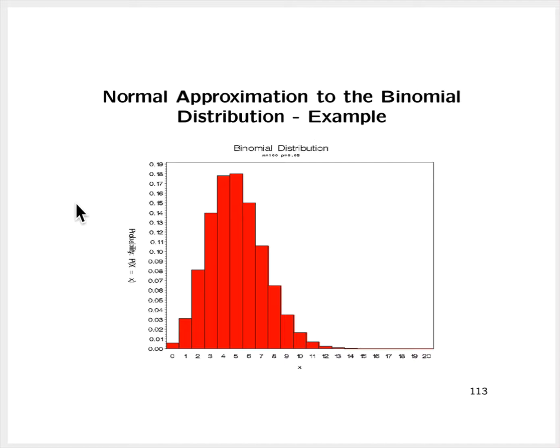And I think you would say the answer is no, and the reason is because this distribution still has a fair amount of right skewness. And that's really the underlying problem here.